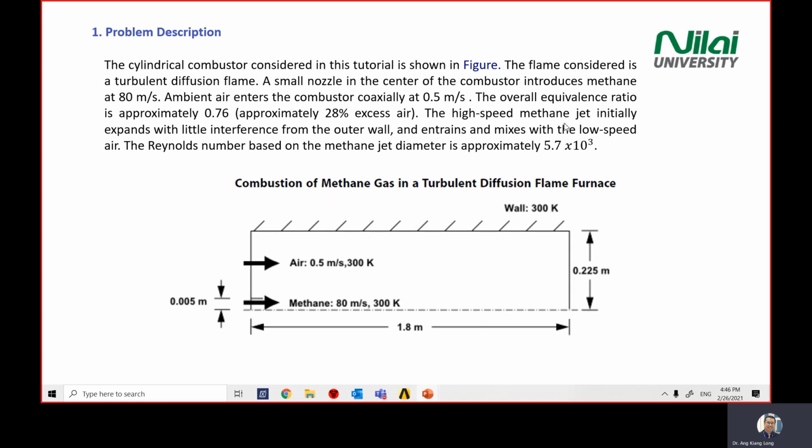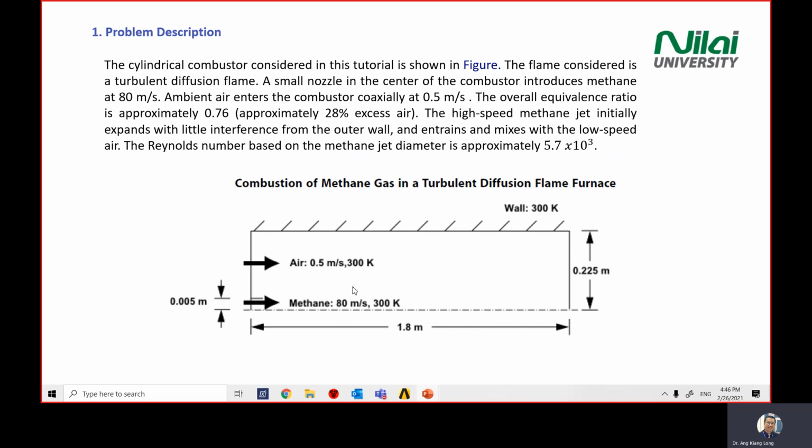The high-speed methane jet initially expands with little interference from the outer wall and then retains and mixes with the low-speed air. The Reynolds number we use in this case, based on the methane jet diameter, will be about 5,700. So this is our scenario.